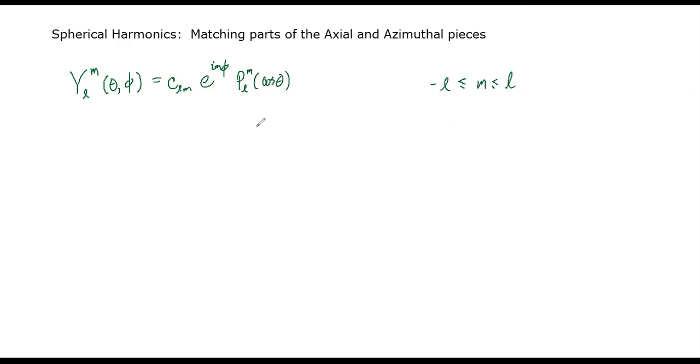The Legendre polynomial needs to know what m is. So these things, the P_L^m, or you might find them in a book as P_L^m of x, are what are called the associated Legendre polynomials.